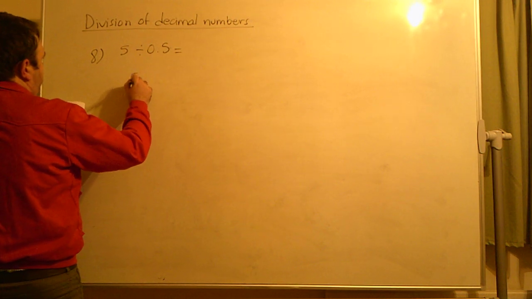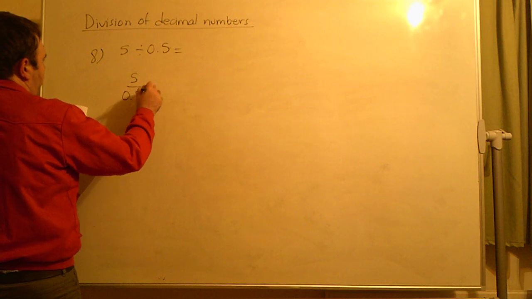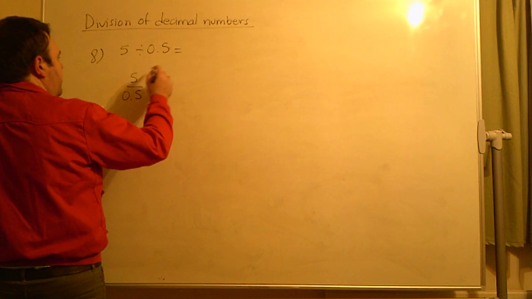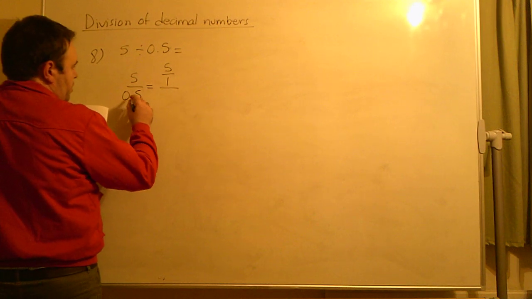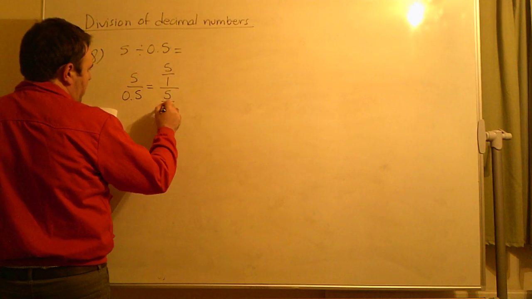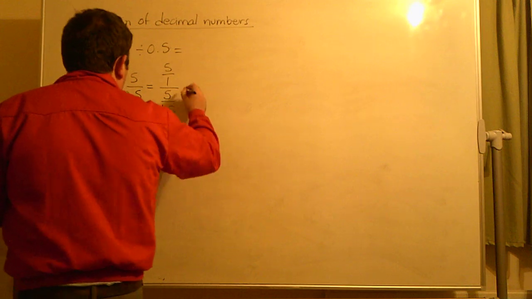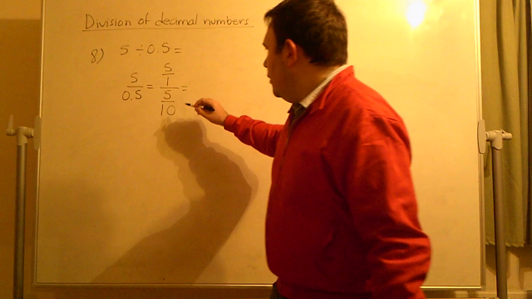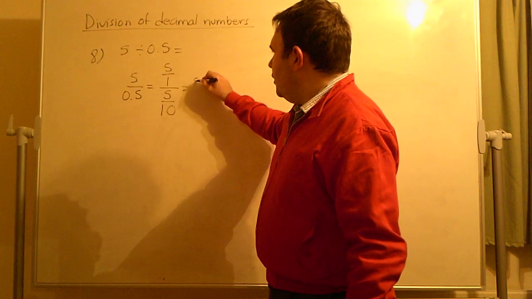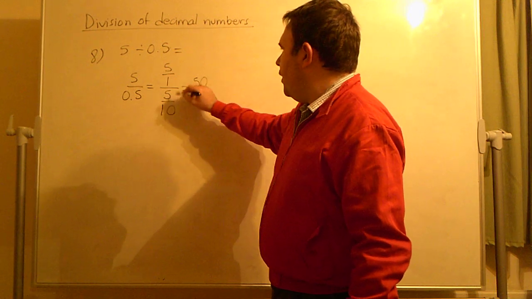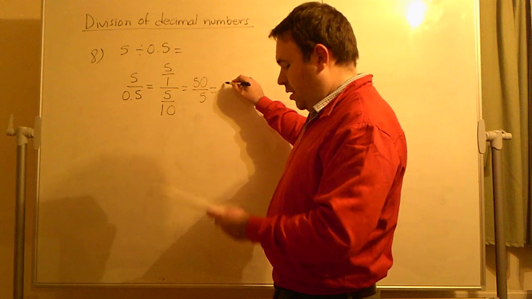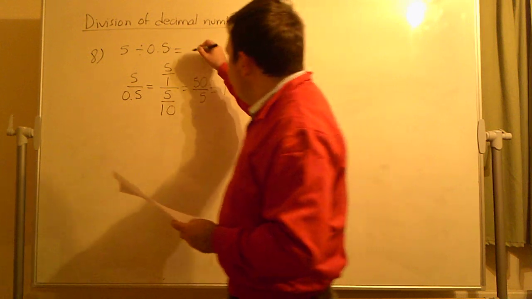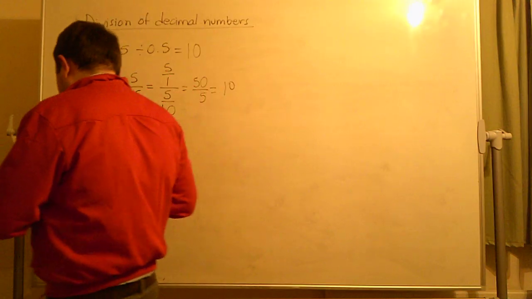So we write down 5 divided by 0.5. So this 5 can be expressed as 5 divided by 1, and this 0.5 can be expressed as 5 divided by 10. So 5 times 10 is 50, and 5 times 1 is 5, so 50 divided by 5 is 10. So the final result will be 10.